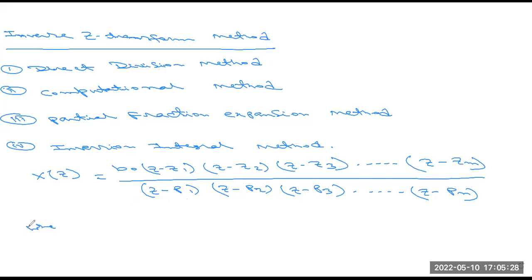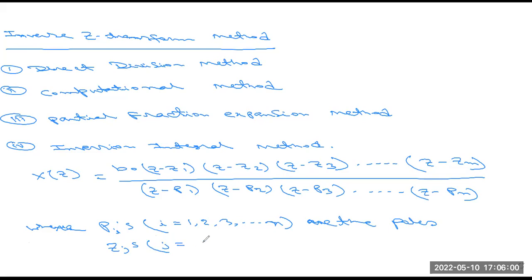Here the pi, where i means the different poles, 1, 2, 3 up to n, are the poles, and the zj, where j is 1, 2, 3 up to m, are the zeros of the function.